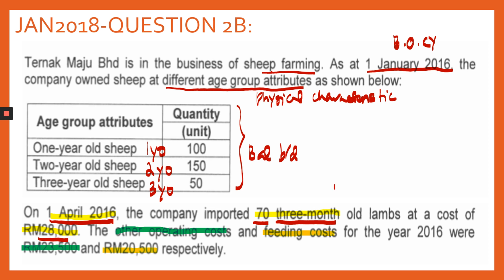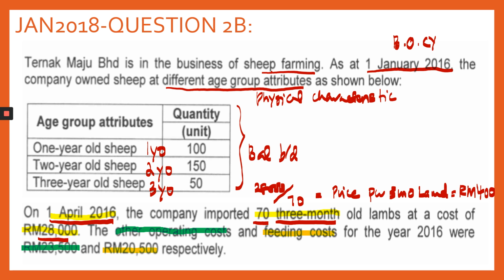If you were to know the price per 3-month-old lamb, it would be 28,000 divided by 70. So the price here would be RM400.